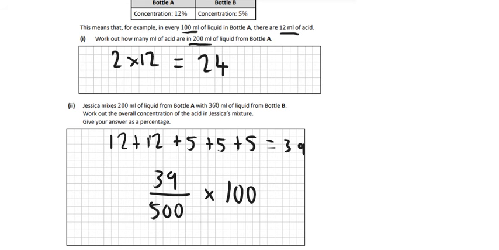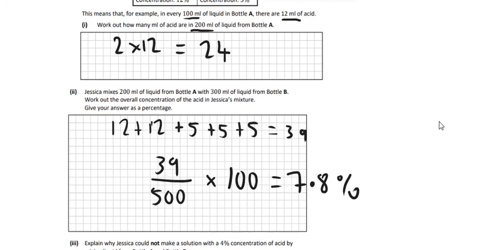So you do 39 over 500 times 100, and we're getting 7.8. So it'd be 7.8%. That's the second part.